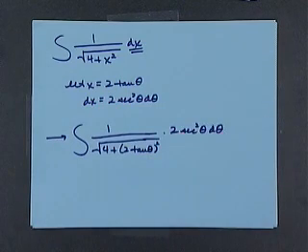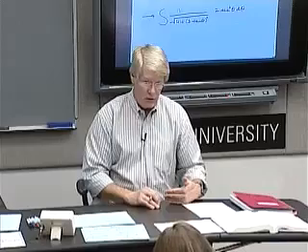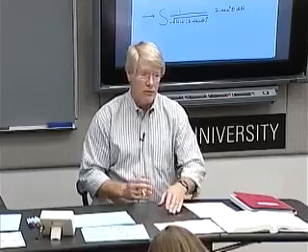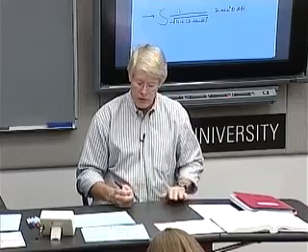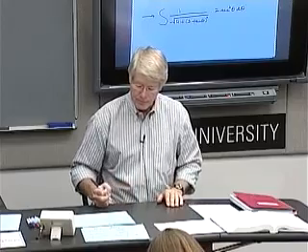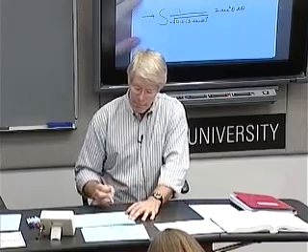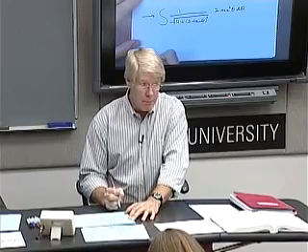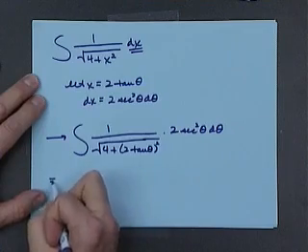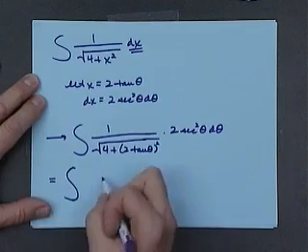So the first step, if you've got x's and thetas, you're not quite done yet with that first step. You need to have no x's at all, only thetas and d thetas after the original trig substitution. Does that look right? Mm-hmm. The next step, we'll know if this is going to work.